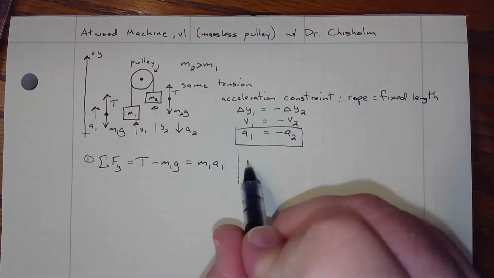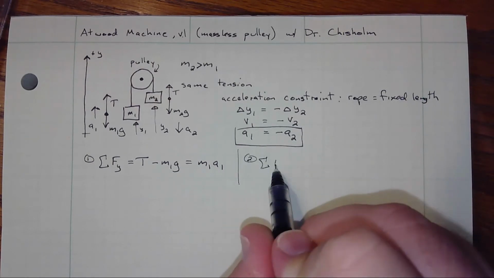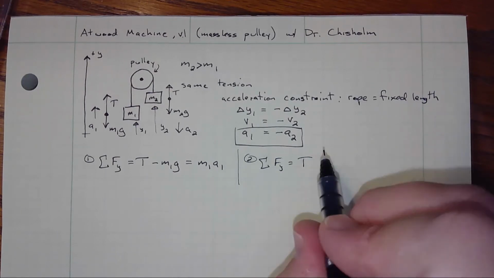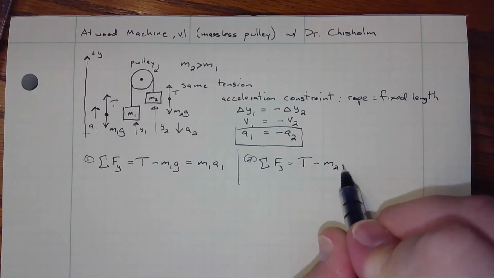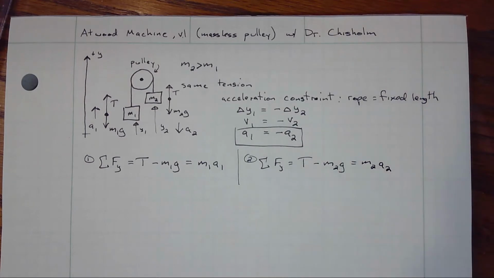And then we will have a similar looking equation for our second block. In fact, it's going to be the exact same one, except I'm going to replace all the 1s with 2s: T minus M2g equals M2a2. Again, we only have tension and weight. We're ignoring friction and air drag. So looking at this, we actually have 3 unknown quantities.